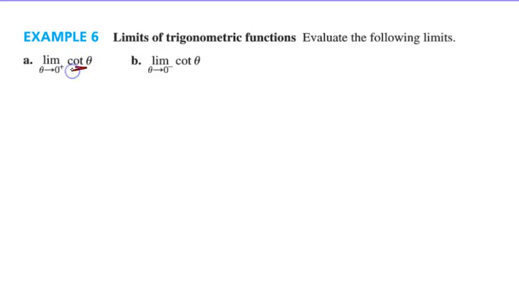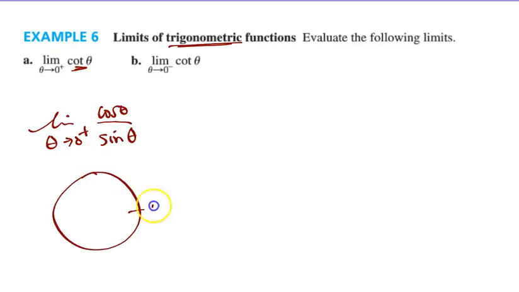To evaluate cotangent, you can use some trig identities. Cotangent is really defined as cosine divided by sine. Looking at the unit circle, here's your cosine, here's your sine.